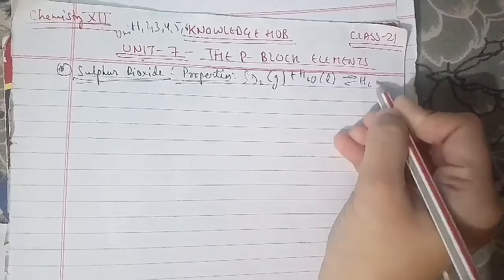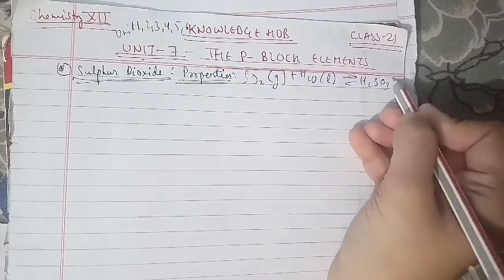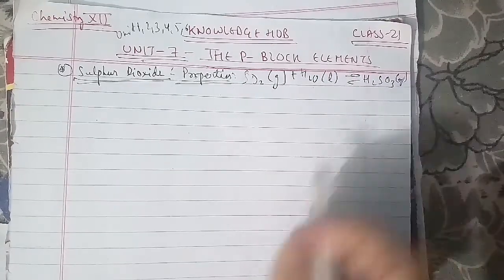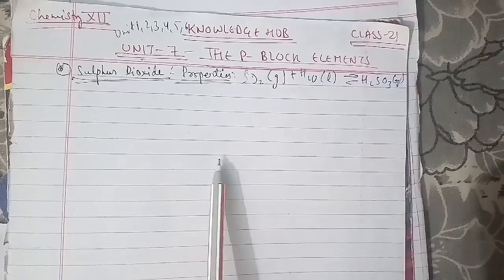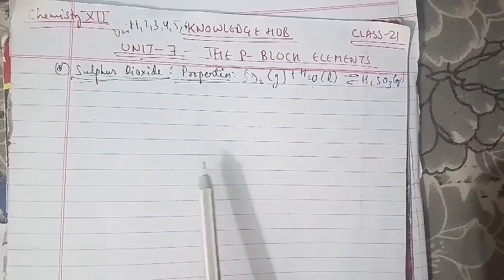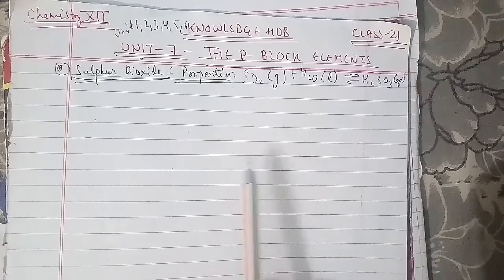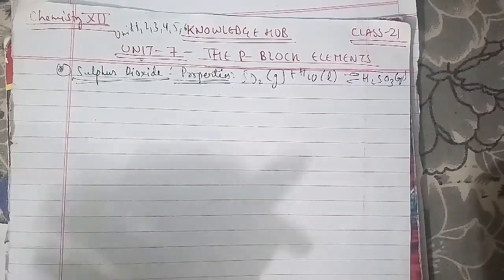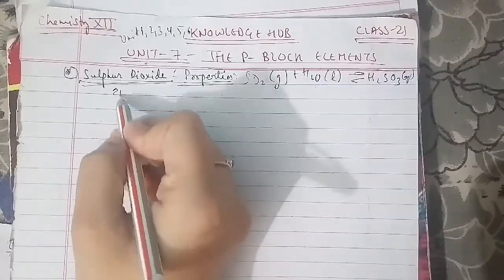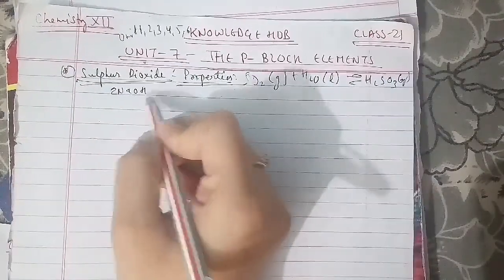It reacts readily with sodium hydroxide solution, forming sodium sulfite, which then reacts with more sulfur dioxide to form sodium hydrogen sulfite as well. For this, we have the equation 2NaOH plus SO2 will give Na2SO3 plus H2O.